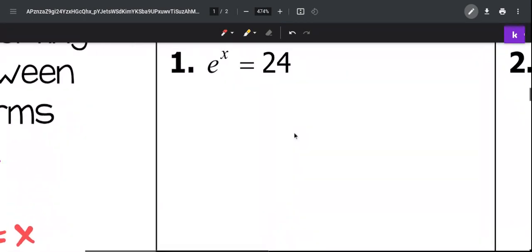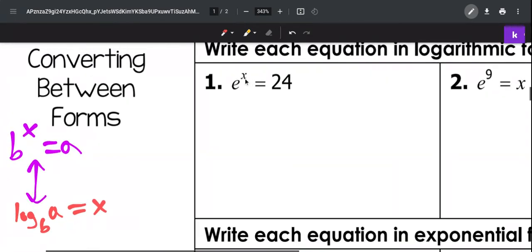All right. So number 1, e to the x equals 24. So our base is e. x is our exponent. 24 is what everything's equal to. Now, if we want to make this a logarithm, we're going to start out doing it the long way. Log, now our base for our exponent becomes the base of our logarithm.